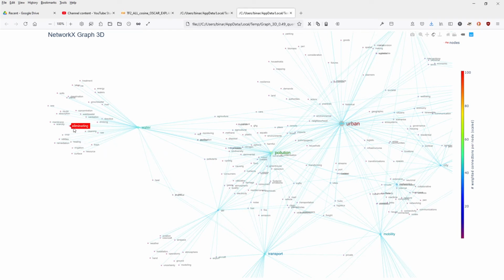And you can now analyze, hey, would it be of interest, let's say, for a new research project, for a new political initiative, for whatever you want to do, that I have here remediation, and I have here some aquatic environments or whatever. Is there a missing link that I should establish?